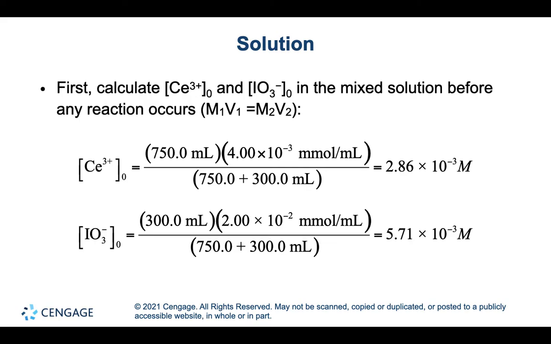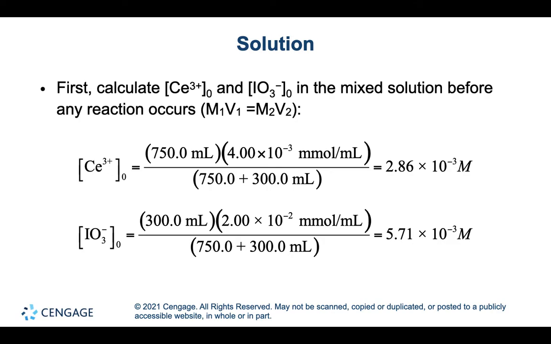Doing a similar calculation with the iodate, IO3 minus, it had 300 milliliters and 2 times 10 minus 2 millimoles per milliliter divided by 1050, which is the new volume once you add the 750 to the 300. So it's M1 V1 divided by V2 gets our new molarity after dilution for iodate to be 5.71 times 10 minus 3.